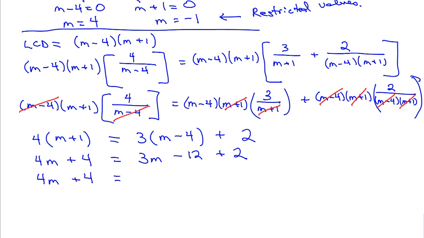I have 4m plus 4 equals 3m minus 10. Moving the 3m to the left, I get m. And moving the 4 to the right, I get negative 14. Checking this solution against the restricted values, everything is okay. And so the solution set is the set negative 14.